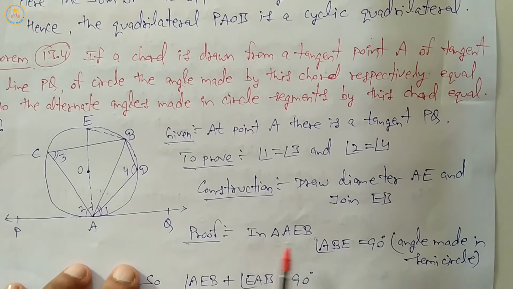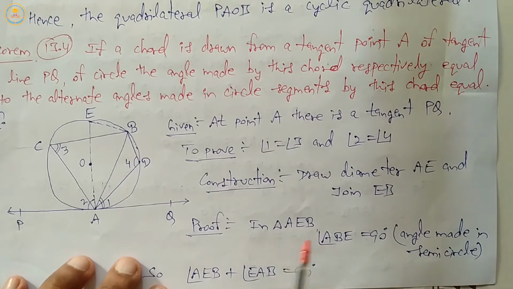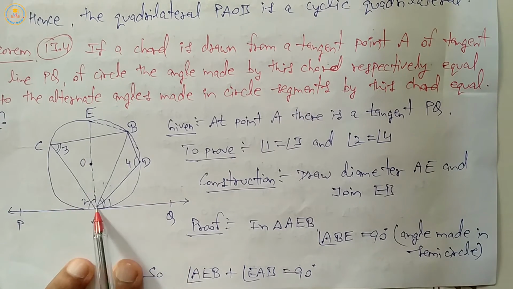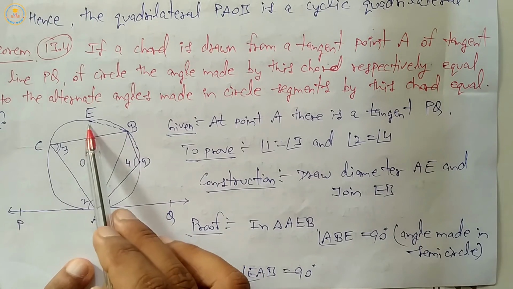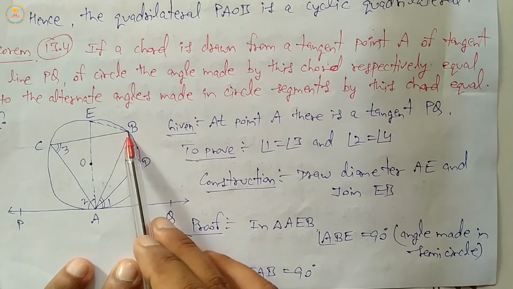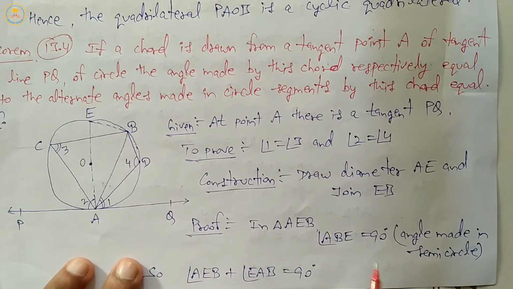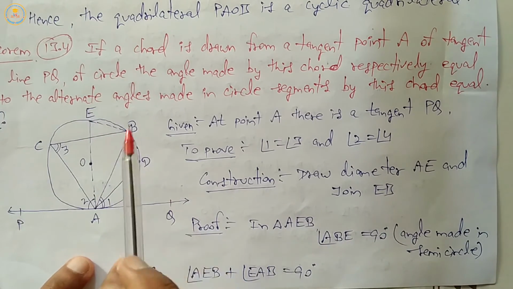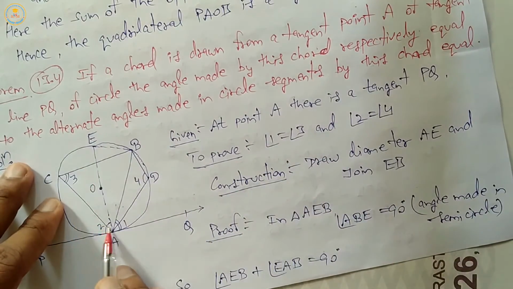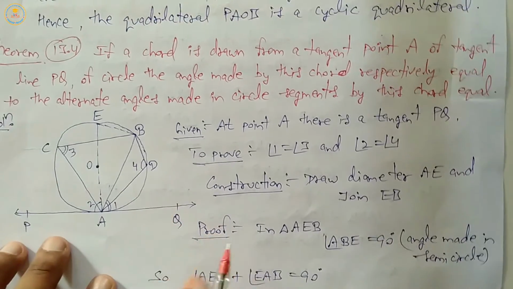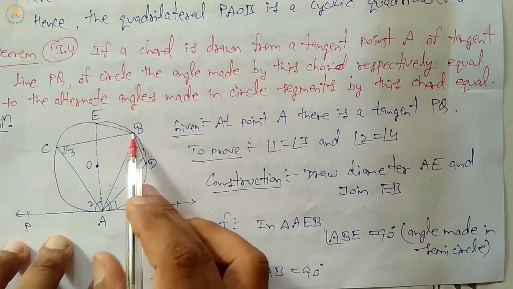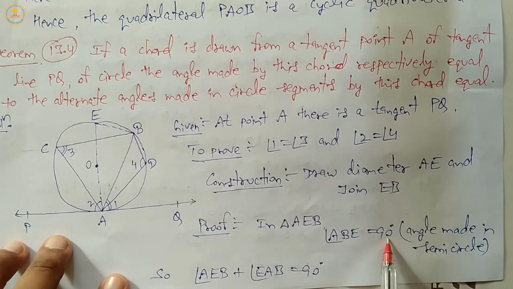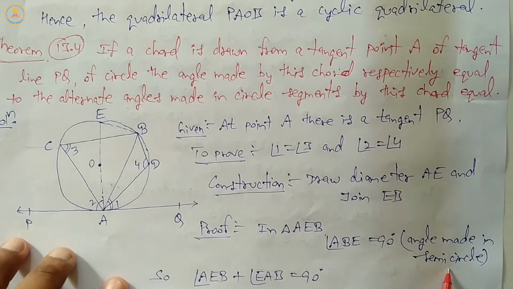Now proof: in triangle AEB, angle made in semicircle is 90 degree, it means B is 90 degree, because the diameter and angle made in a semicircle is 90 degree. So angle ABE is 90 degree.